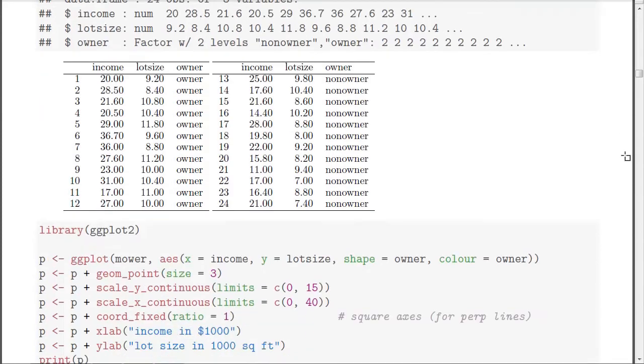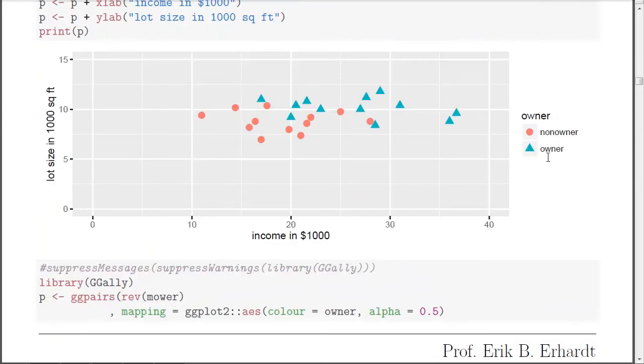I'll go ahead and plot this data. The blue triangles are owners, and the red circles are non-owners of lawnmowers. The horizontal axis is incomes for these people, and the vertical axis is lot sizes in thousands of square feet. So it looks like people don't buy a lawnmower if you've got a small yard, less than 5,000 feet.